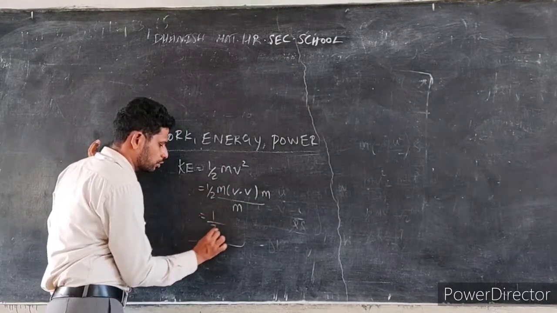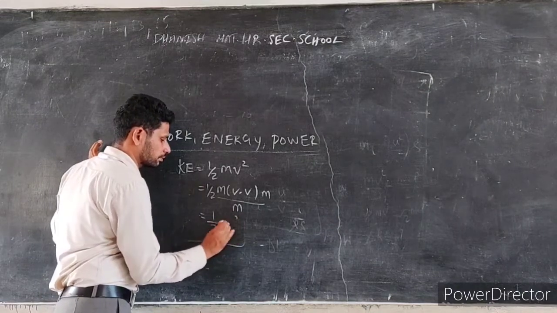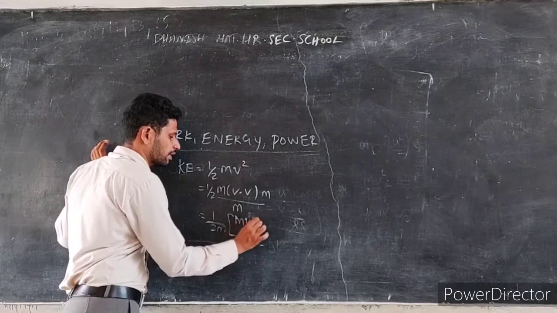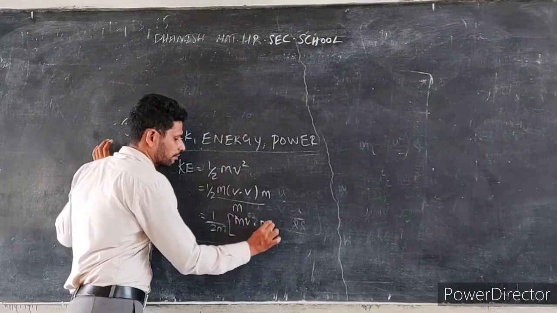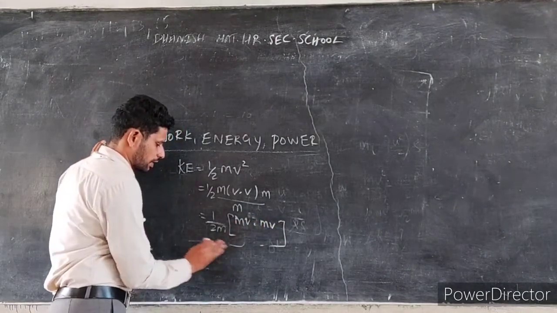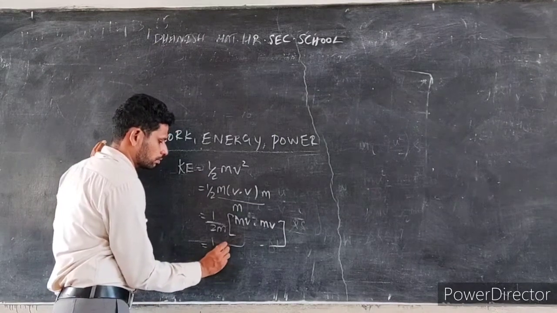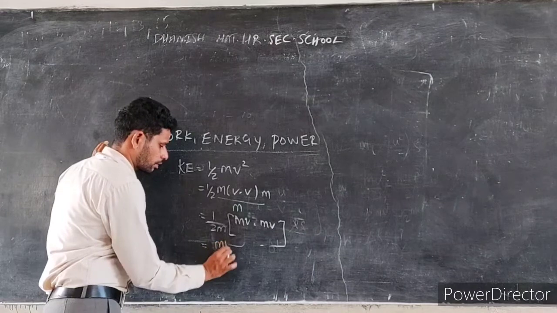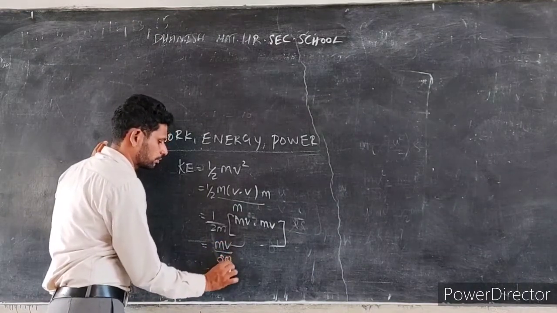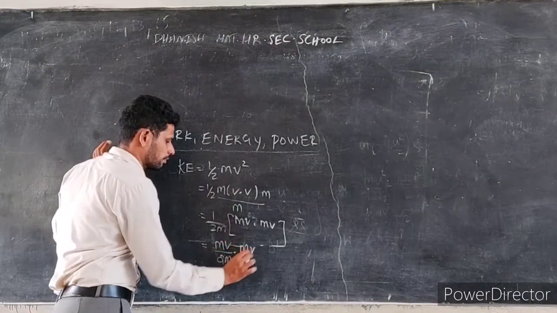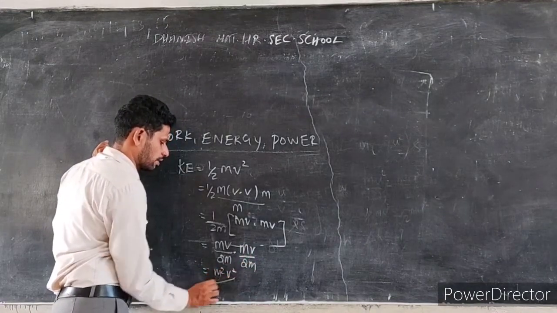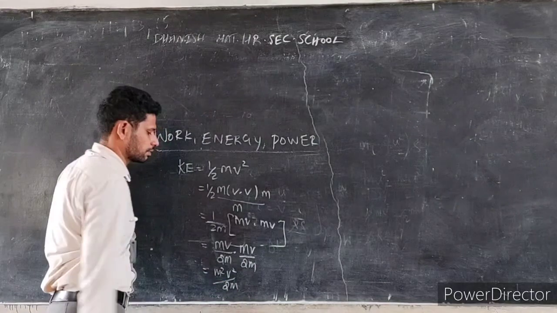So 1 by 2 m, m v dot m v, so it's nothing but m squared v squared by 2m, right?